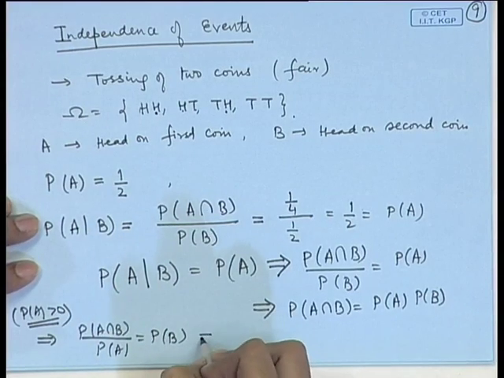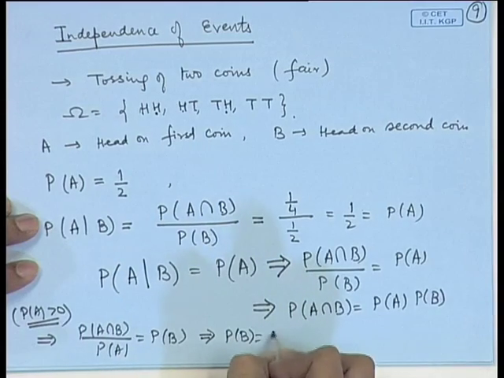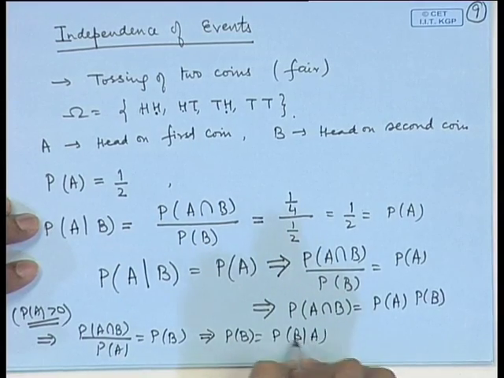So, this will again imply that probability of B is equal to probability of B given A. That means, B is independent of happening of A.